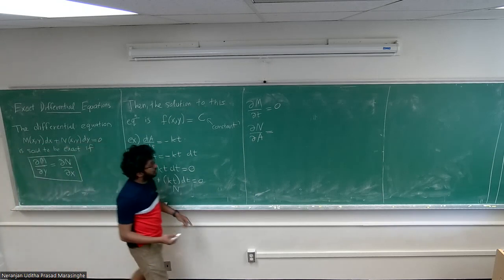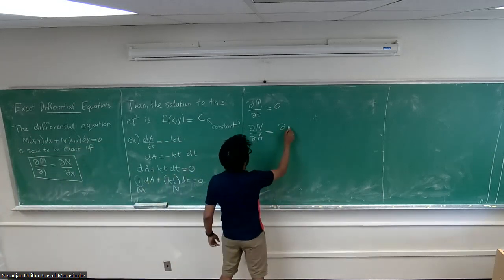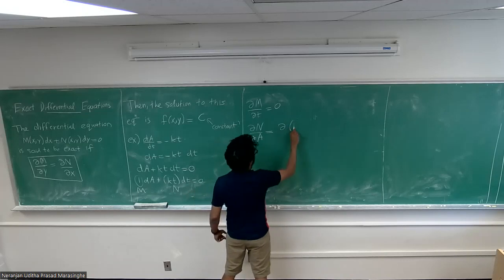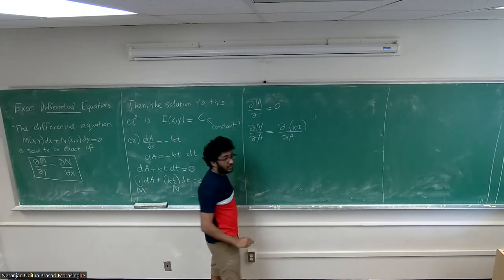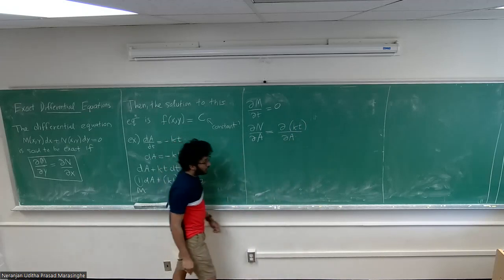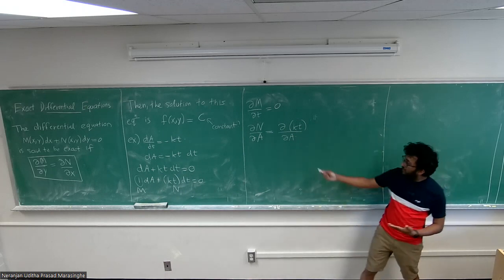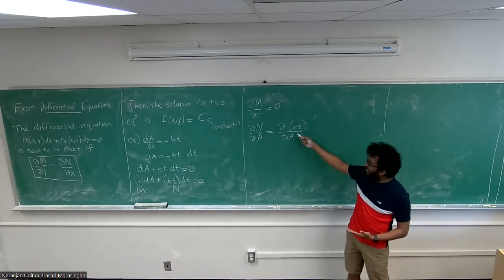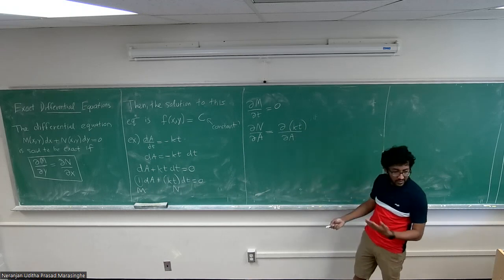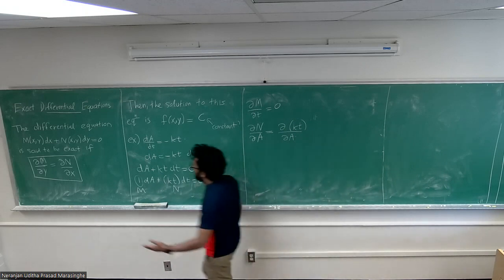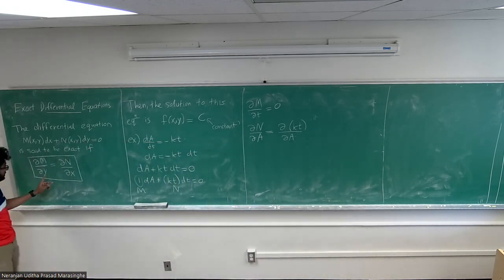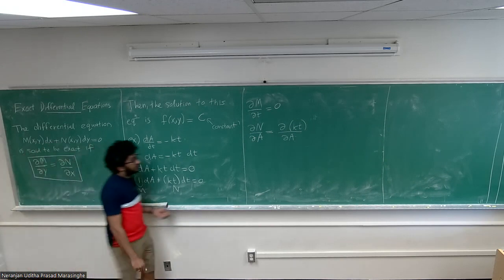N is kt. This is not going to be equal to 0, because A is a function of t and we are taking the derivative of kt with respect to it. So this is not an exact differential equation, because this condition needs to be satisfied.